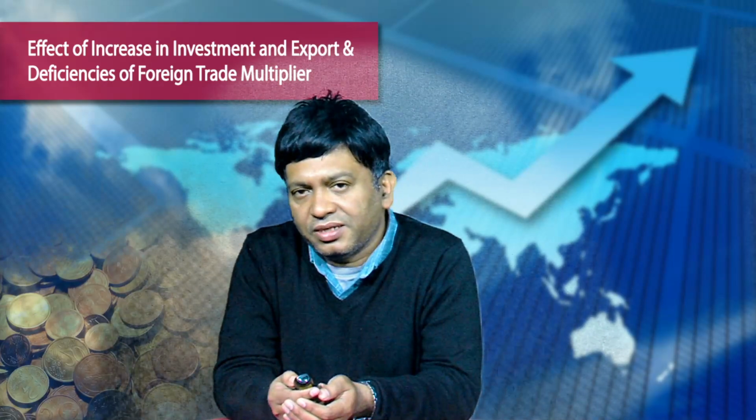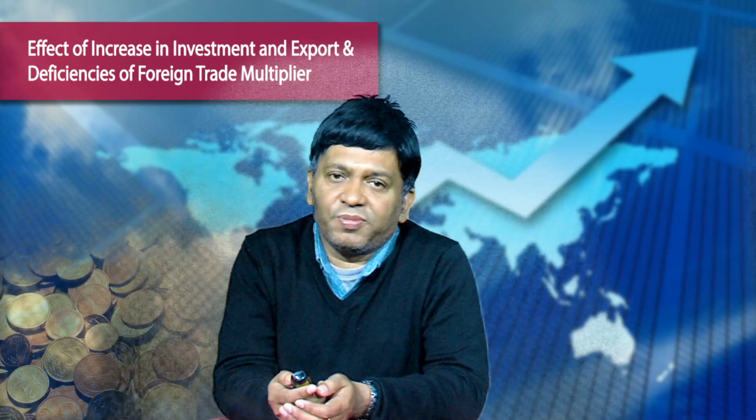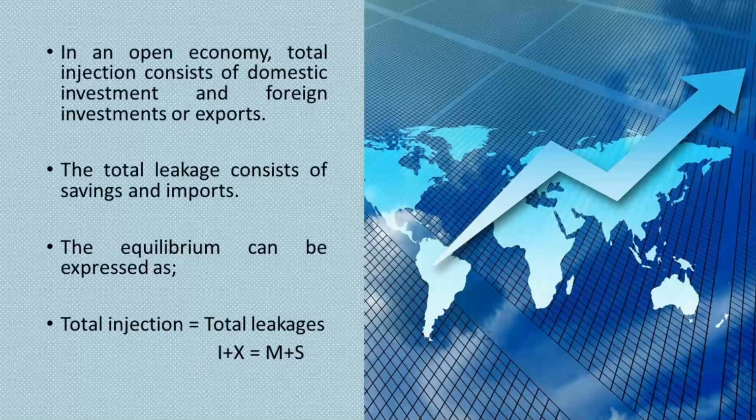Foreign trade multiplier. As the name suggests, this is about foreign trade, so we're going to talk about an open economy, and here I want to recapitulate what we discussed in the previous two lectures. In an open economy, we talk about not just saving and investment, but also export and import.